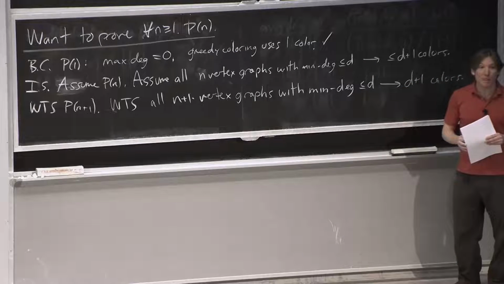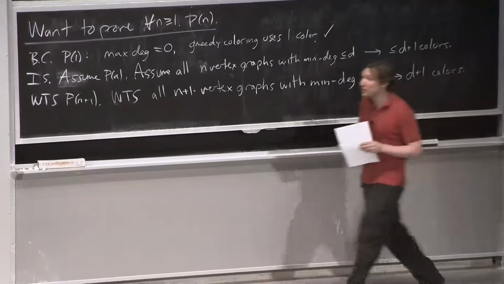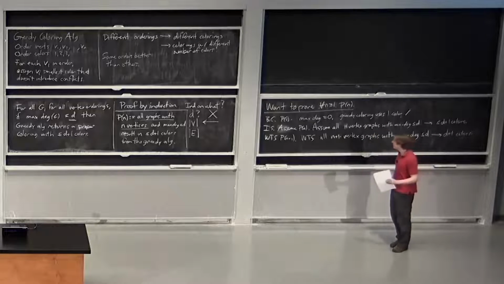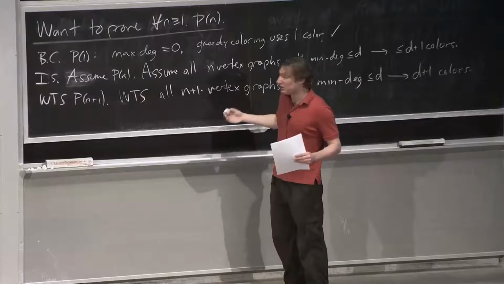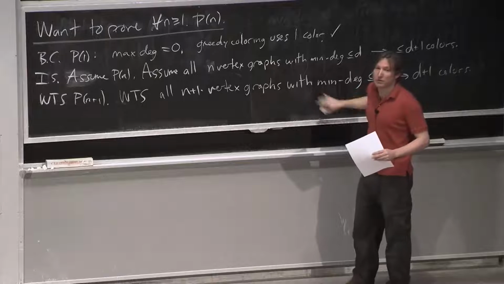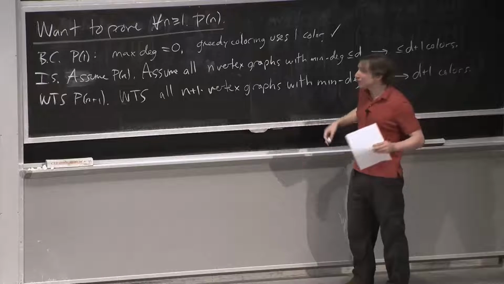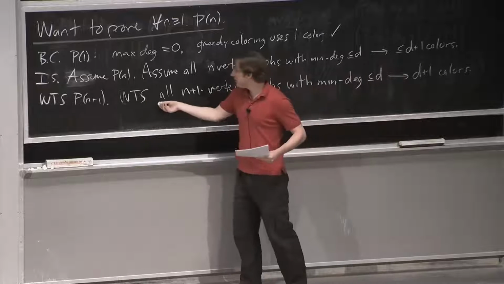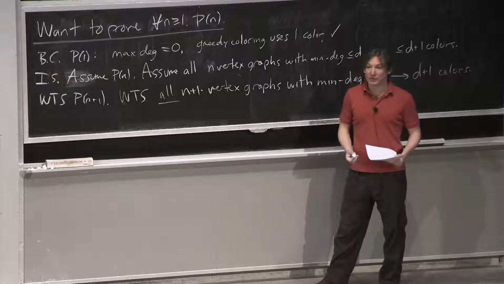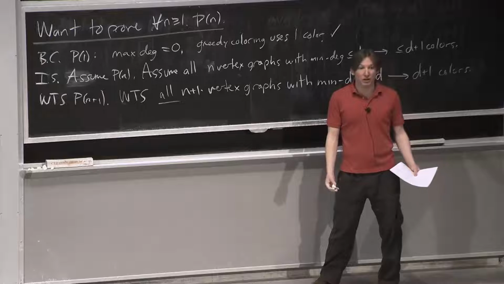With me so far? All right, and here's where the confusing bit happens, or at least the non-intuitive bit. Our task is we want to prove that all n plus 1 vertex graphs do some stuff. So the theorem we're trying to prove is a for all. But we know how to prove a for all.